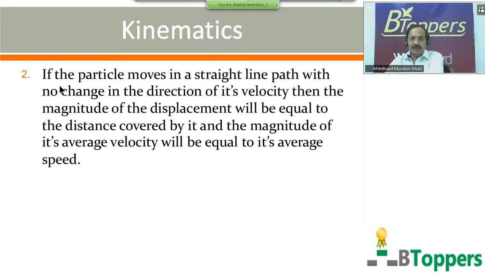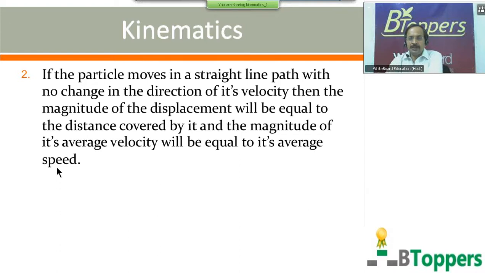Next, second point. If the particle moves in a straight line path with no change in the direction of its velocity, then the magnitude of the displacement will be equal to the distance covered by it, and the magnitude of its average velocity will be equal to its average speed.